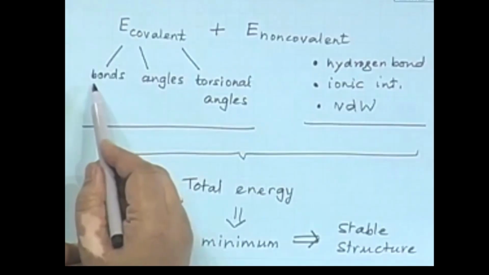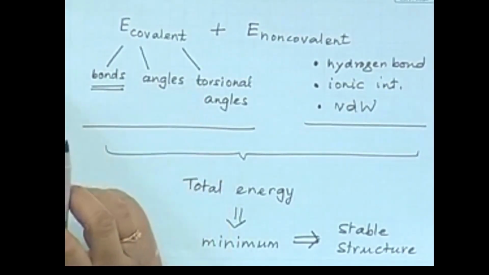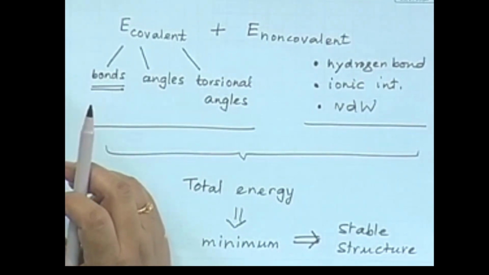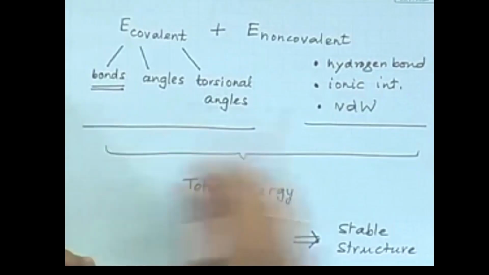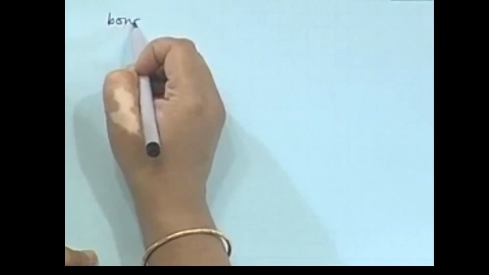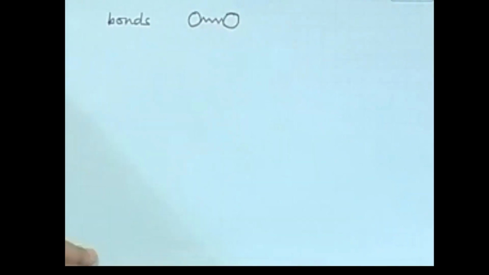Now, what are these in terms of energetics? If we look at the bonds, how do you represent bonds for a normal compound? You represent them as springs, and they follow Hooke's law.